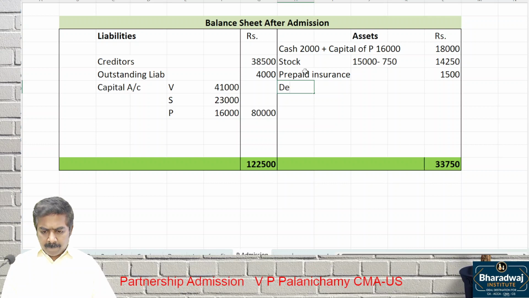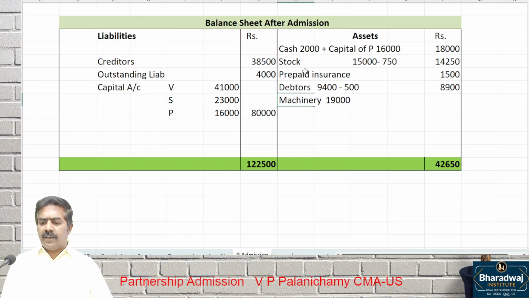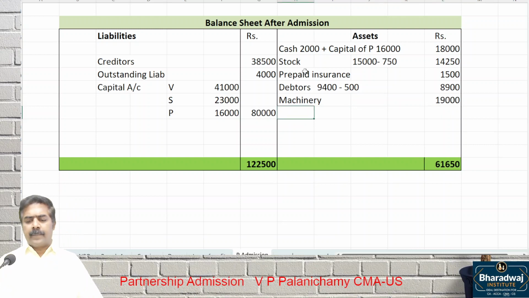Then debtors 9,400 minus the new provision 500. How much it will be? 8,900 debtors. Then machinery 19,000. Any change in the value? No change in the value. Machinery will appear 19,000, the same value.